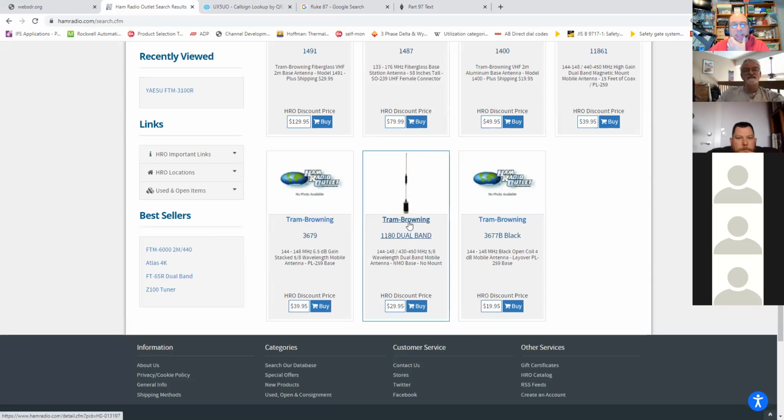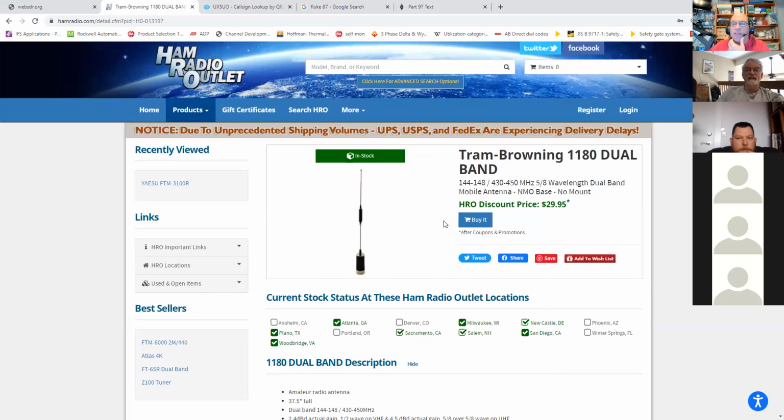Here, something like this, right? This antenna is $29. And actually the antenna that I got was smaller. This is a dual band antenna. Notice it covers 144 and 430 megahertz. It's got that thing in the middle that's basically like a loading coil, or actually that's probably a trap, which allows it to operate on 2 different bands by essentially ending the antenna, because it's an LC circuit, for 430 megahertz at that lower part.